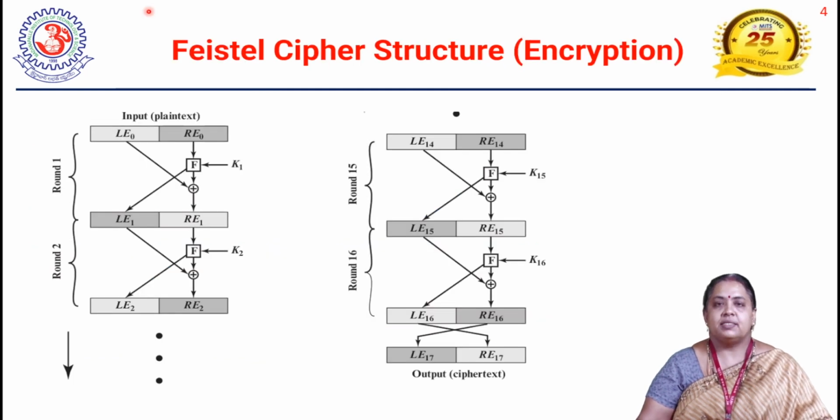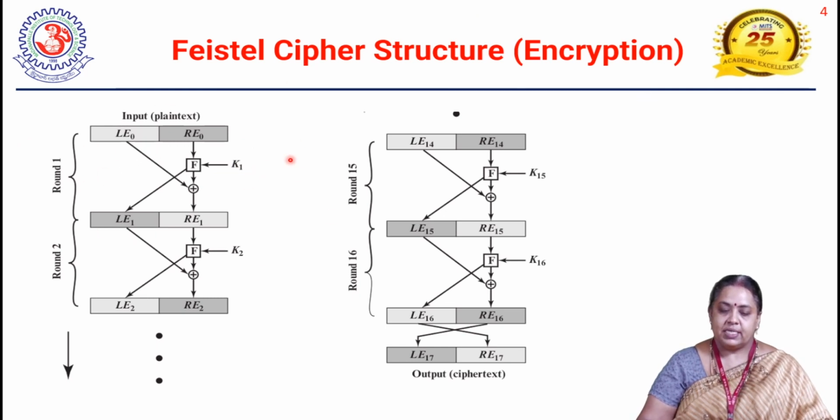The Feistel cipher structure has both an encryption process as well as a decryption process. This structure is very important because DES follows this structure only. The plaintext which we want to transform will be divided into two halves, the left half and the right half.